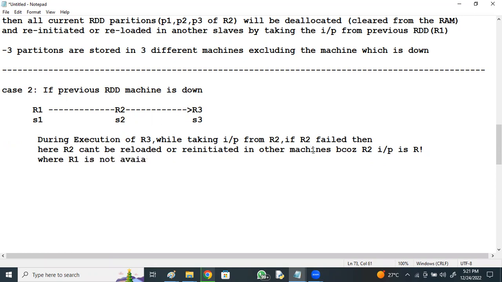R2 input is R1, where R1 is not available in RAM.